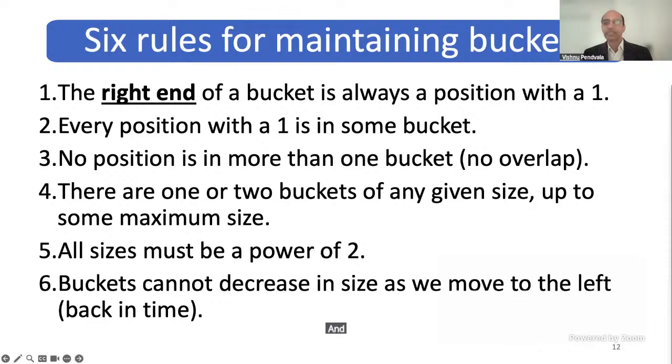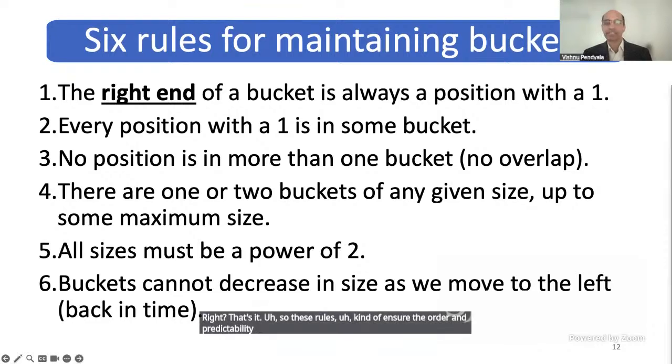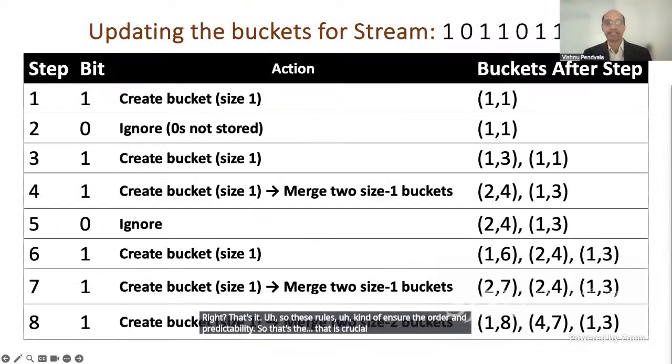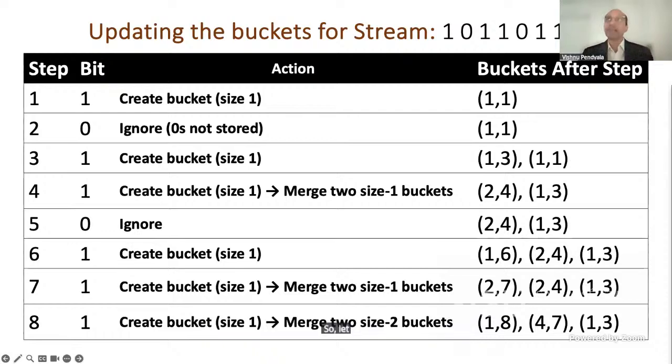And the newest bucket forms on the right. So these are the 3 aspects of the algorithm which will help you remember the pseudocode, right? That's it. So these rules ensure the order and predictability. So that is crucial for correctness. So let us take an example and see how this algorithm works.